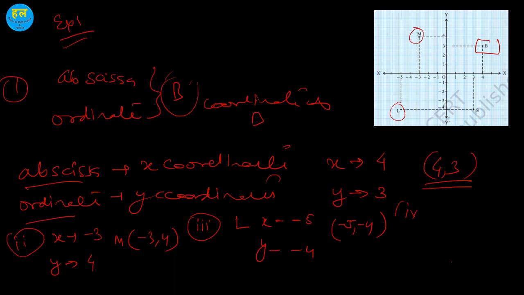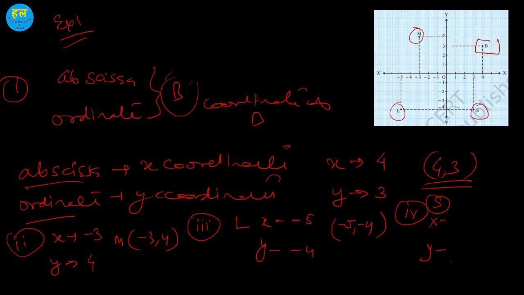Fourth, the x and y coordinate of point S and hence the coordinate of S. We have to find the x and y coordinate of S. So S is here.